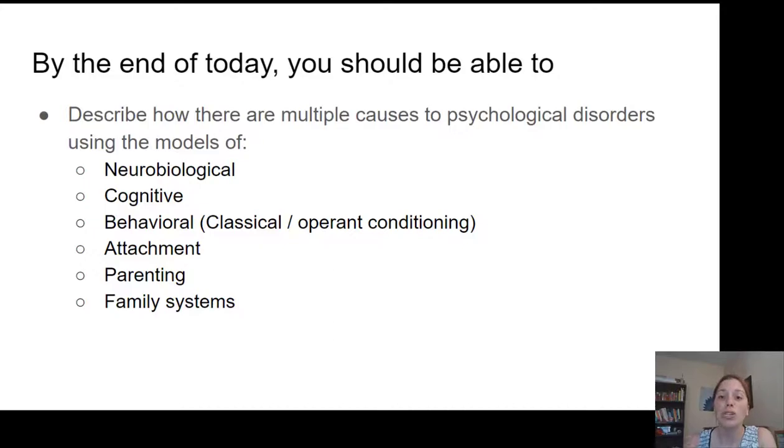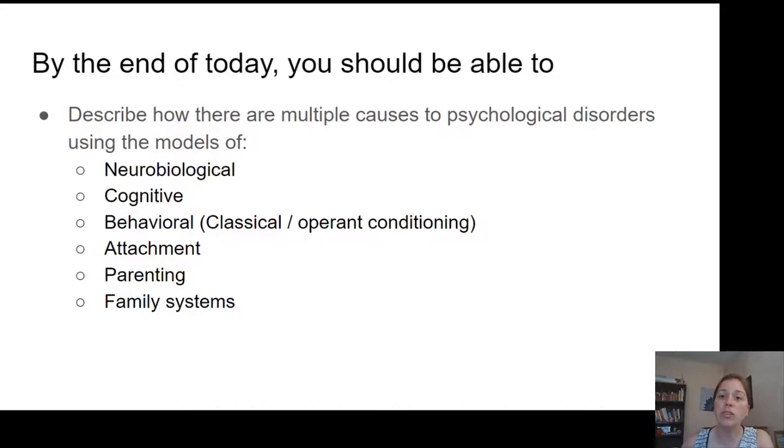I want you to understand that we can look at psychological disorders from all different types of perspectives or models, such as the neurobiological model. So how do genes and our brain help us understand what's going on with the child? The cognitive models, so how do our thoughts and our actions influence this?